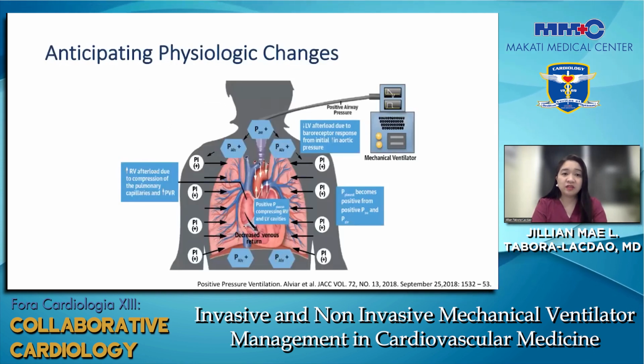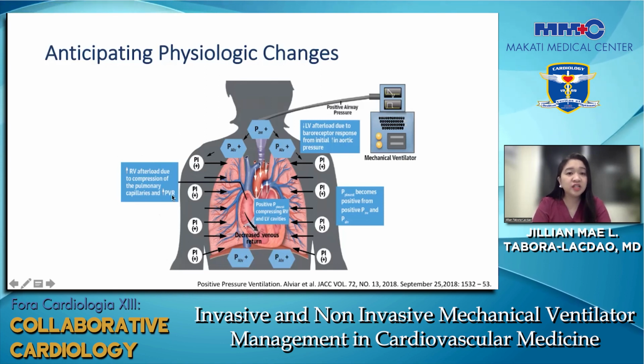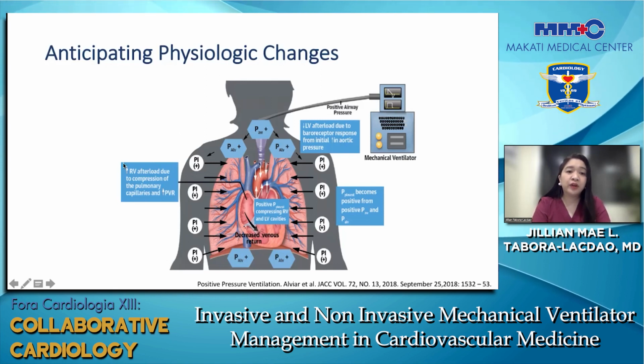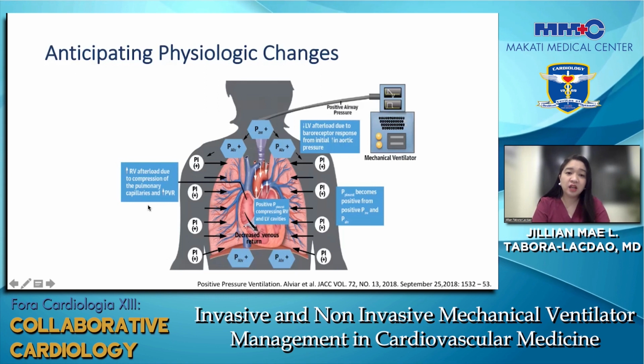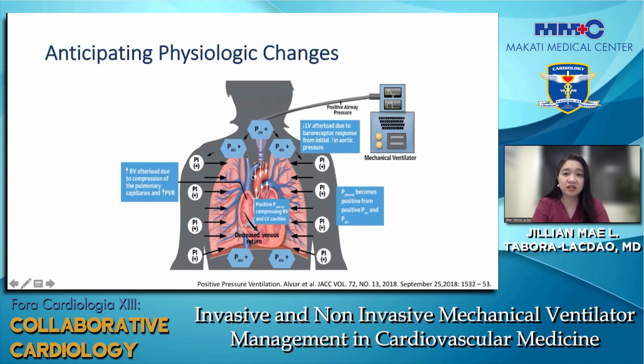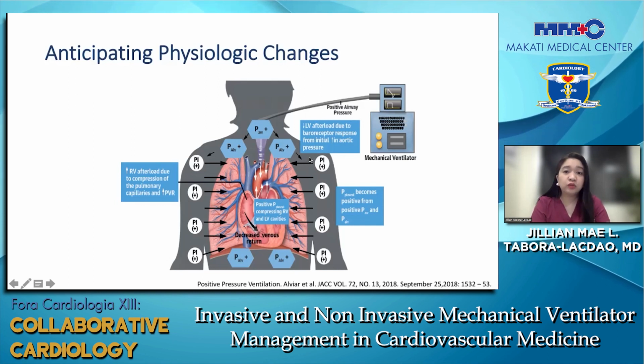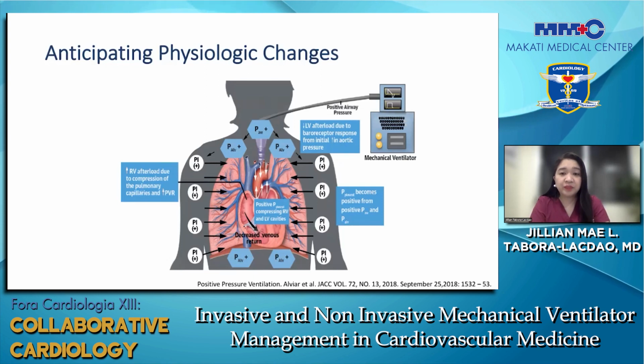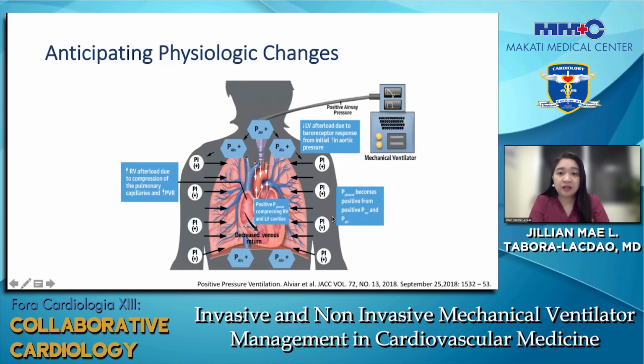So anticipating the physiologic changes, again, when you apply a mechanical ventilator or positive pressure ventilation, there's an increase in RV afterload due to the compression of the pulmonary capillaries and increased pulmonary vascular resistance. There is a decreased LV afterload due to baroreceptor response from increased aortic pressure, and the pleural pressure becomes positive from positive alveolar pressure and airway pressure.